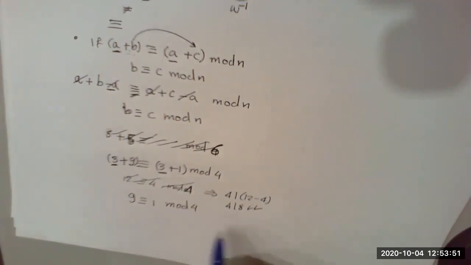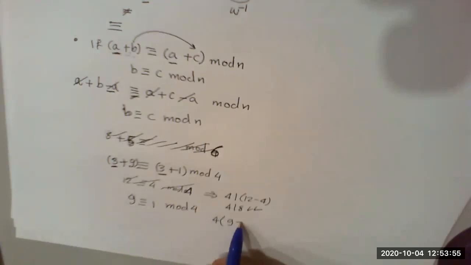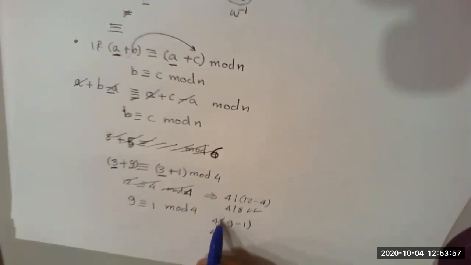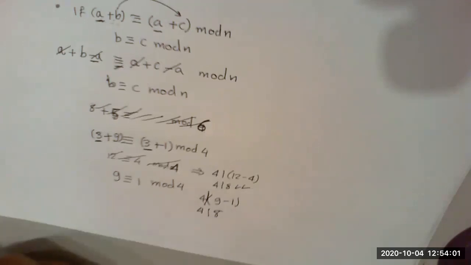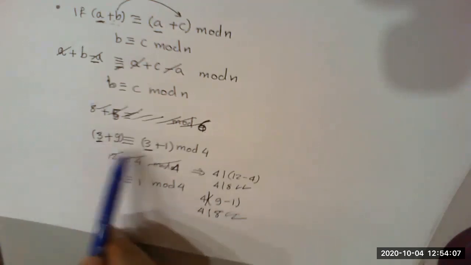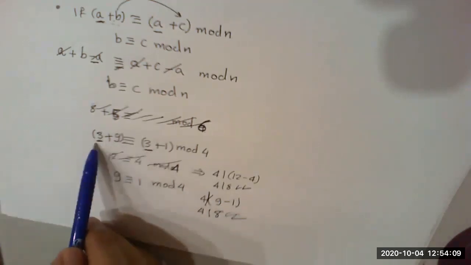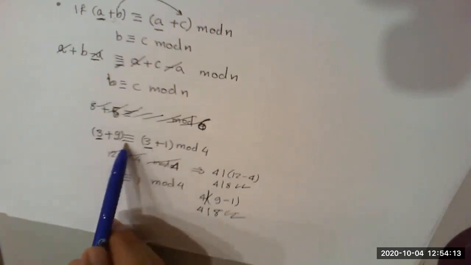And this is true also because 4 divides the difference, 9 minus 1, which is 8. That's correct. This means I can add the additive inverse to both sides without affecting the congruence sign.